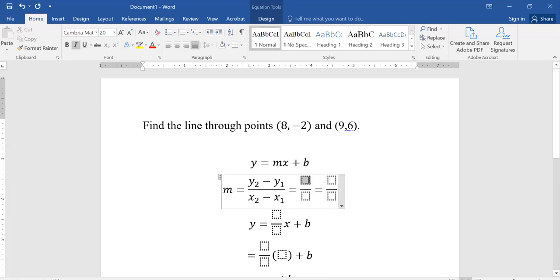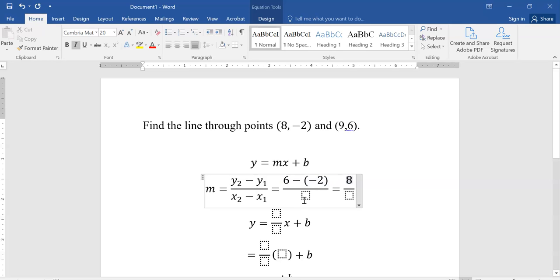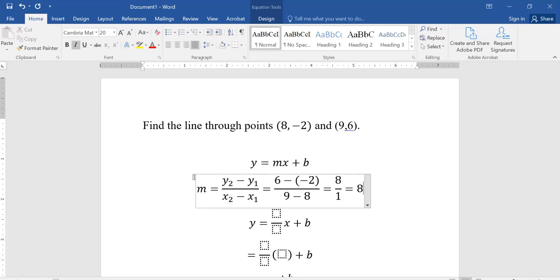Y value of point 2 is 6 minus y value of point 1 is -2. Again, 6 minus a -2. Make sure you're adding that, getting the correct answer of 8. And then x value of point 2 is 9 minus the x value of point 1, which is 8. You get 1. So in this case, the slope is simply 8.